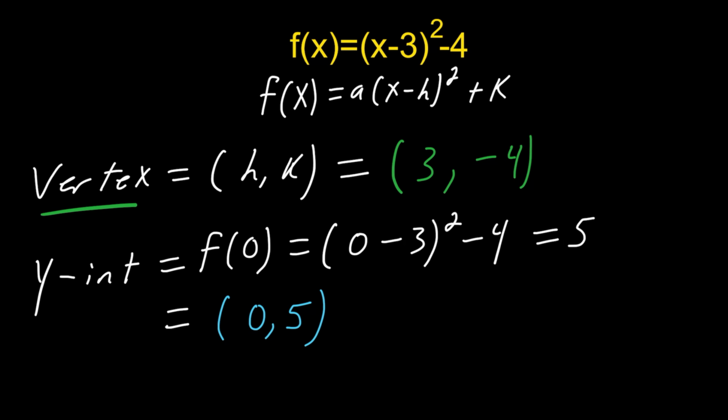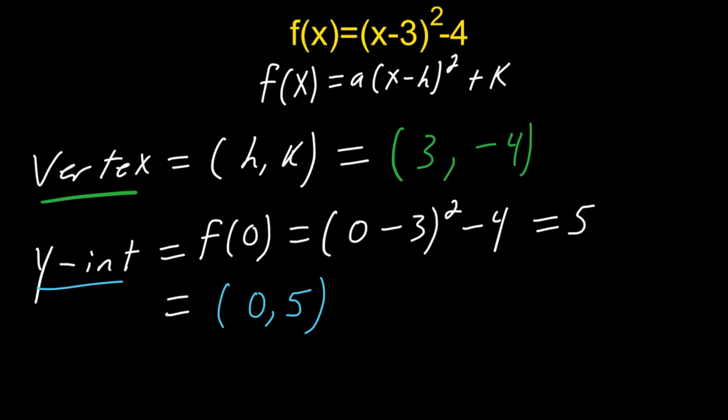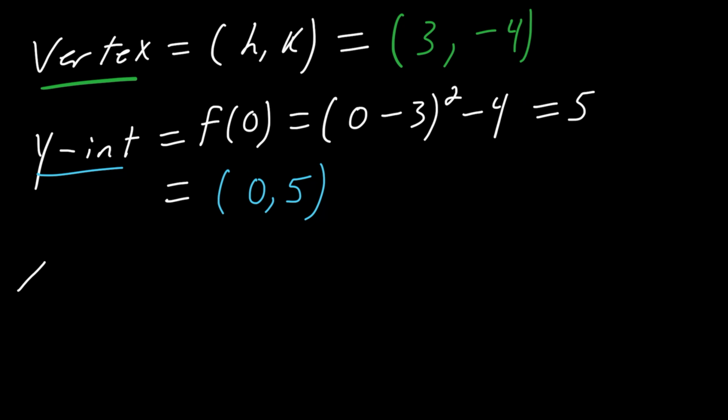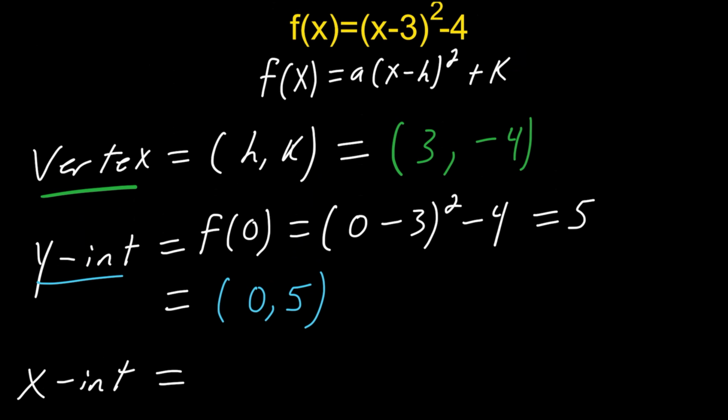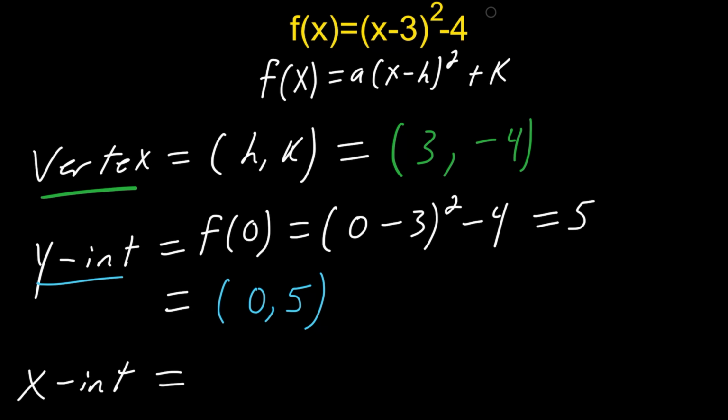Now let's try to find the x-intercept. To find the x-intercept, we need to set y equal to 0, so sort of the opposite of this. Because when a function intersects the x-axis, y equals 0. So for this function, we've got f of x equals (x minus 3) squared minus 4. The x values are the inputs, and the y values are the outputs.